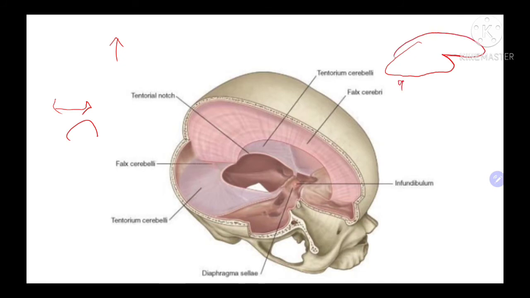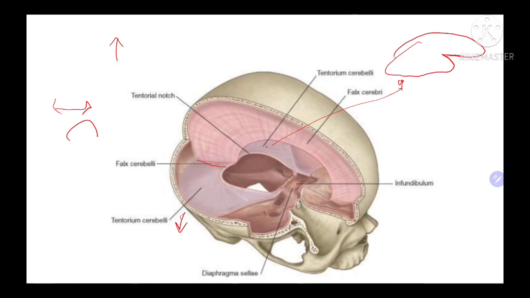Here you see this part, okay, and the inferior surface is related with the superior surface of the cerebellar hemisphere. But in the middle part of the superior surface, it is related to the falx cerebri, and inferior with the falx cerebelli.